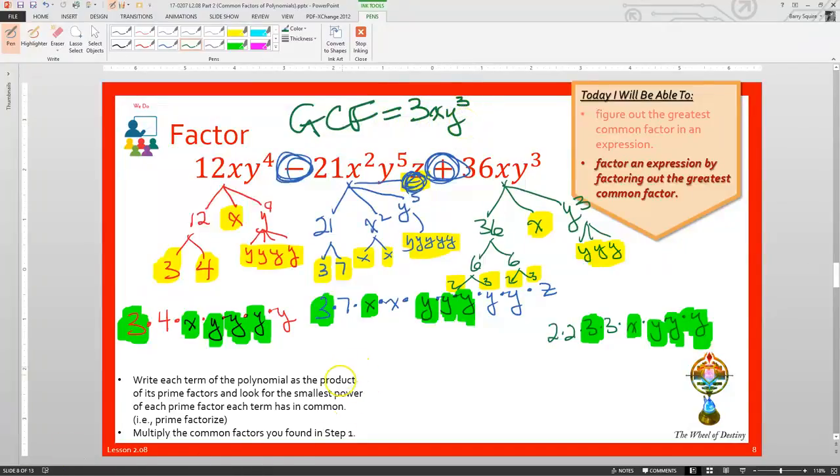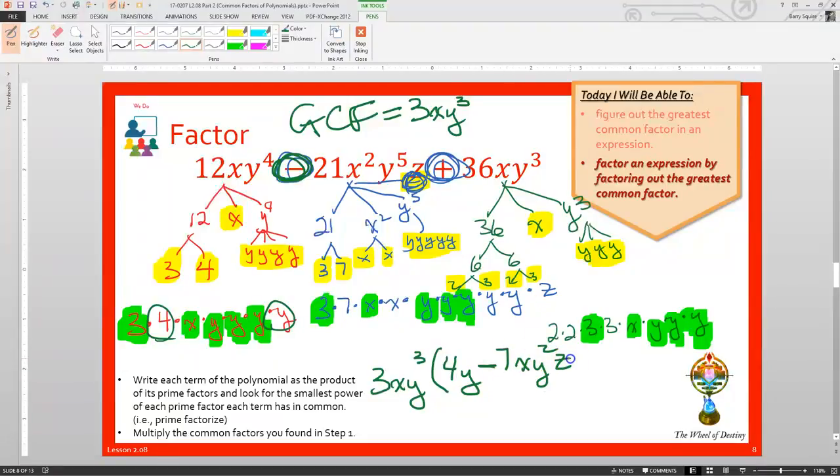So when I write this out, I throw it here in the beginning, and then start multiplying everything else that's left over. I have a 4 and a y, so 4y. Then a minus sign, that's why I noticed that up top, times, let's see, minus 7 times x times y squared times z. So that's a 7xy squared z.